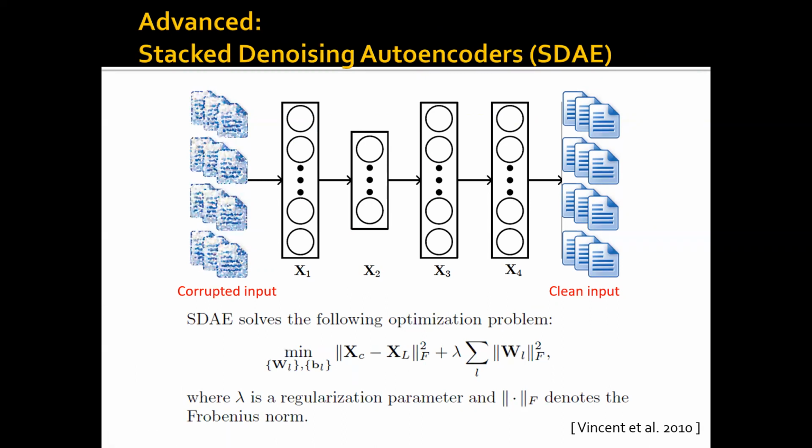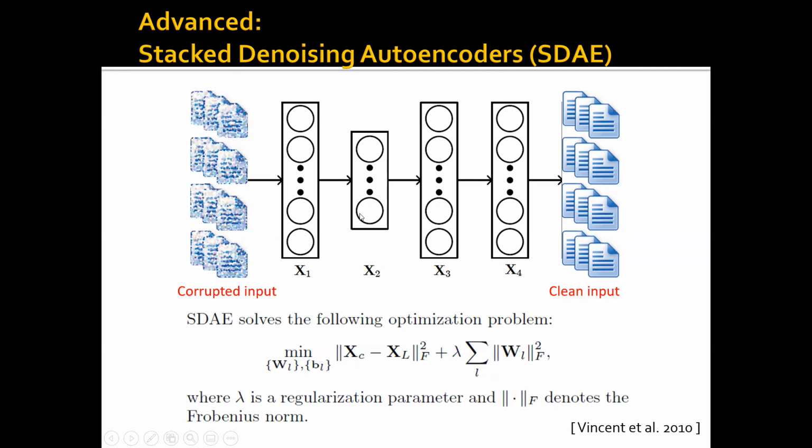We will feed this corrupted input into the neural network, and it will go through, again, several layers of linear and nonlinear transformation to recover the clean version of the input. And basically, this is the idea of stacked denoising autoencoder.